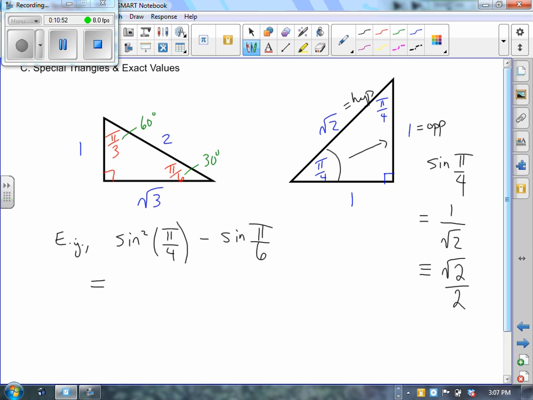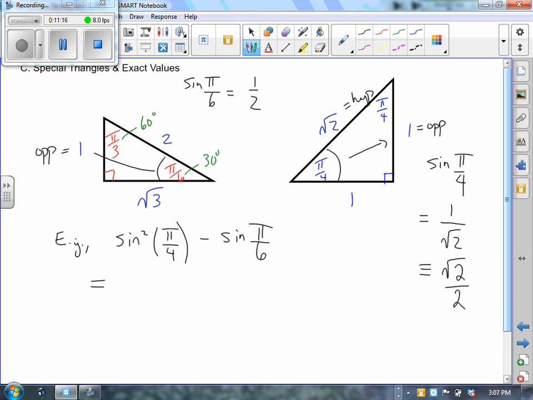On the other hand, the sine of pi over 6 relates to the 30-60, or pi by 6, pi by 3 special triangle. Here's the reference angle. This would be the opposite side length with a hypotenuse of 2. So the sine of pi over 6 is 1/2.